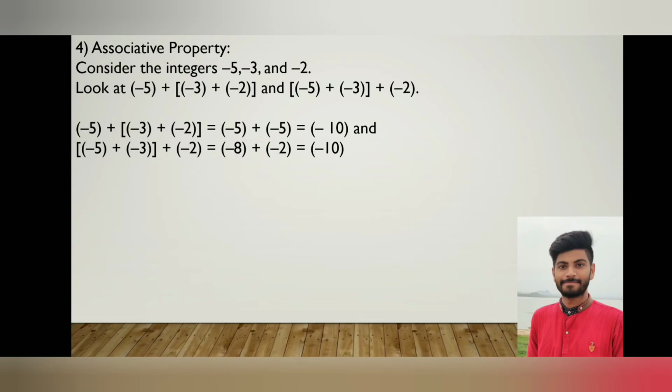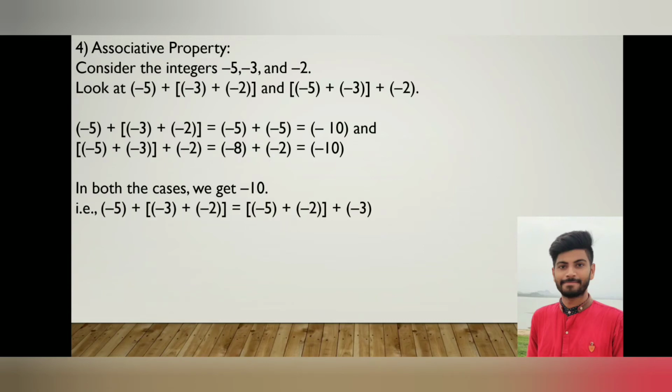Then we add minus 2, and we get minus 10. Both answers are the same. If we start the addition with any two integers, we get the same answer. In both cases, we get minus 10.